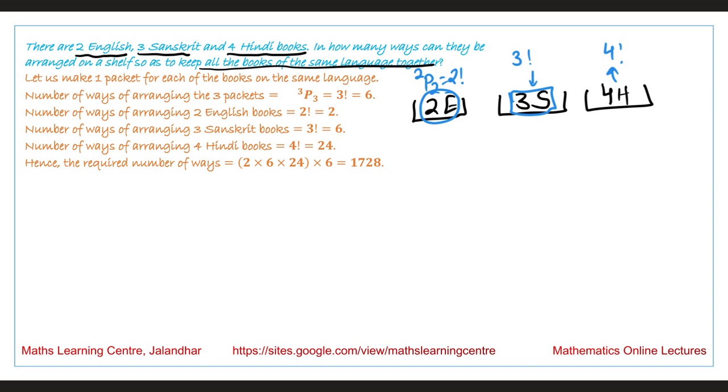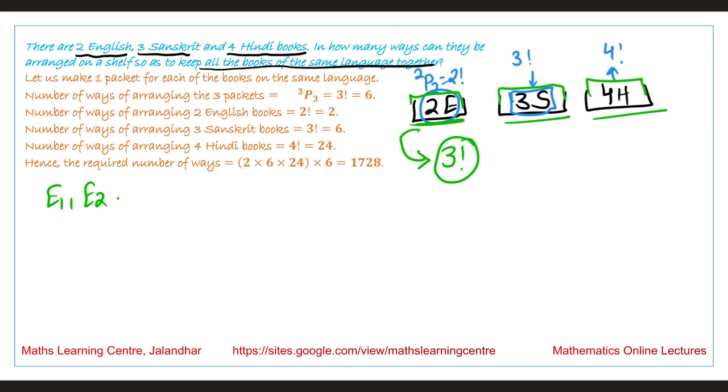After this, we are talking about the arrangement of the groups. First we keep the English books, then Sanskrit books, then Hindi books. So how many such arrangements are there? There are total 3 factorial ways in which we can arrange this. You can understand it in this way. Suppose we have 2 books of English, E1 and E2. I can arrange them as E1, E2, or as E2, E1.